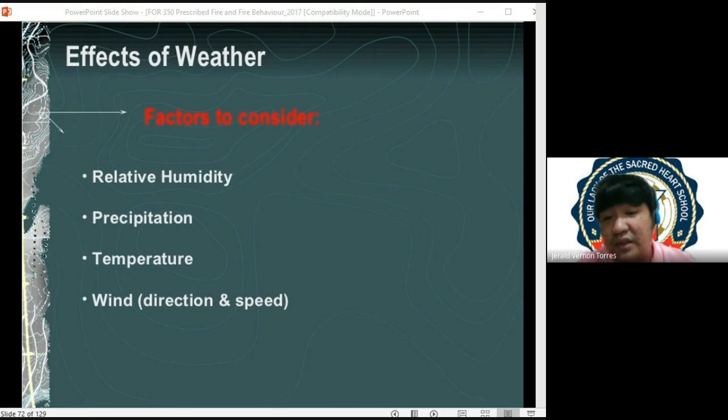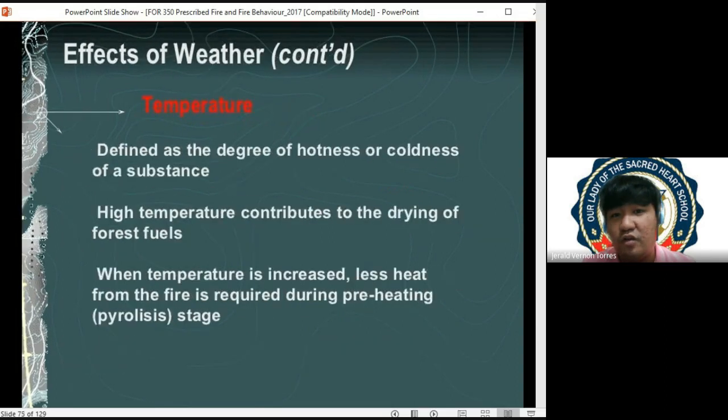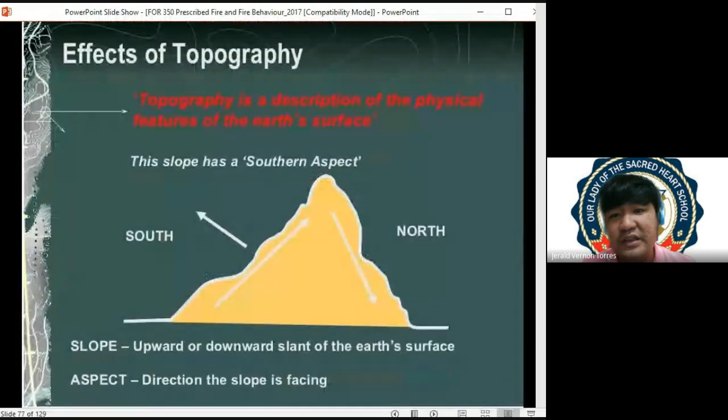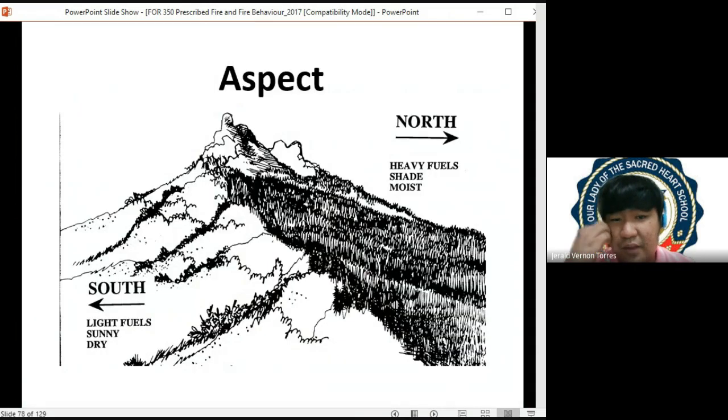And also yung wind kasi it would dictate kung paano mag-spread yung wildfire natin. That's why we need to consider also yung wind. Now, another thing that we need to look at is yung topography, kasi yung topography yung mag-determine ng distribution ng wildfire natin. So for example, meron tayong ditong topography.